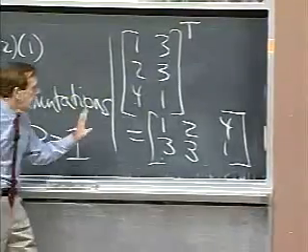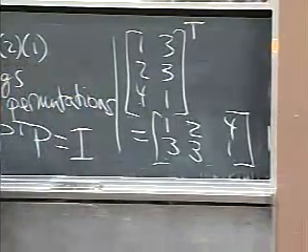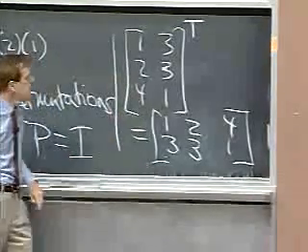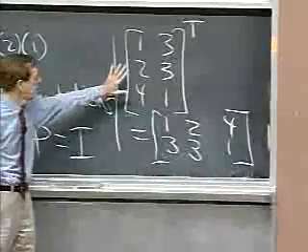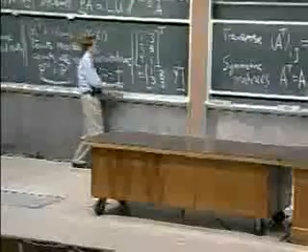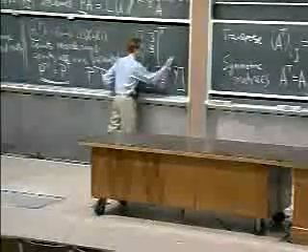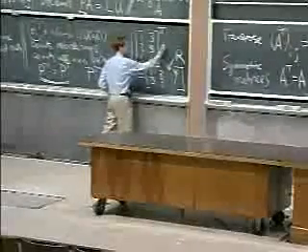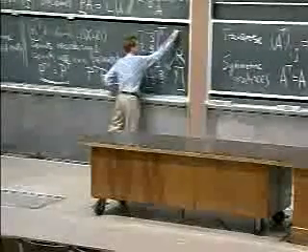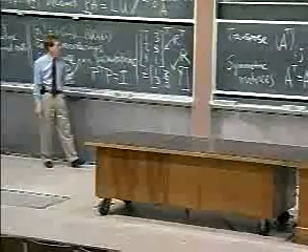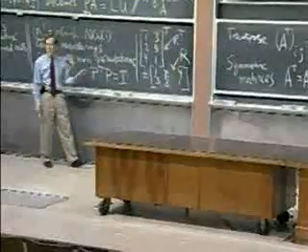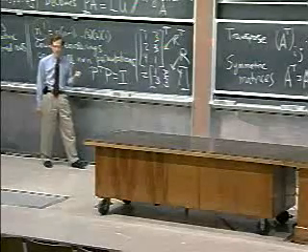But let me tell you a way to get a symmetric matrix out of this. Multiply those together. If I multiply this rectangular, shall I call it R for rectangular? So let that be R for rectangular matrix, and let that be R transpose, which it is. Then I think that if I multiply those together, I get a symmetric matrix.